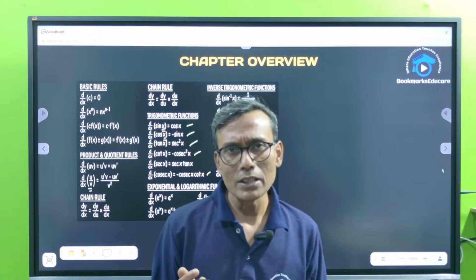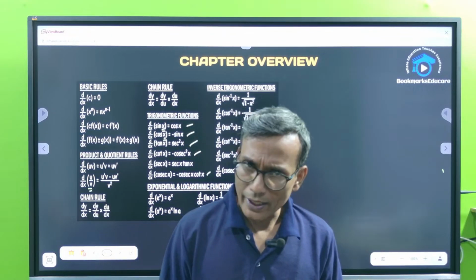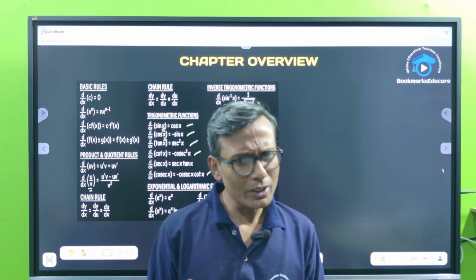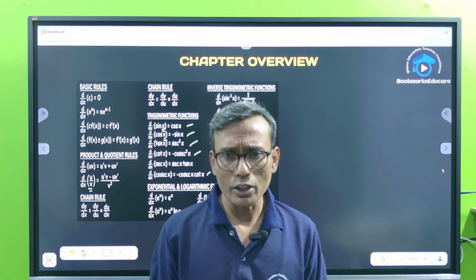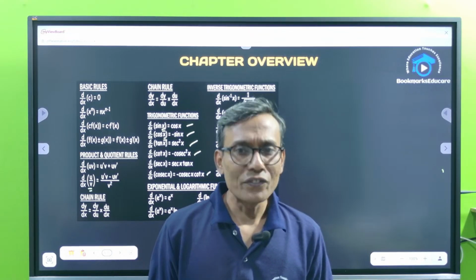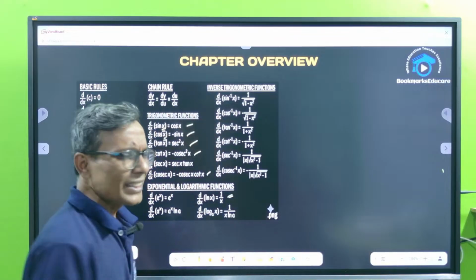Inflection point means where the concavity changes. It also represents the curvature or concavity of a function's graph. Clear?